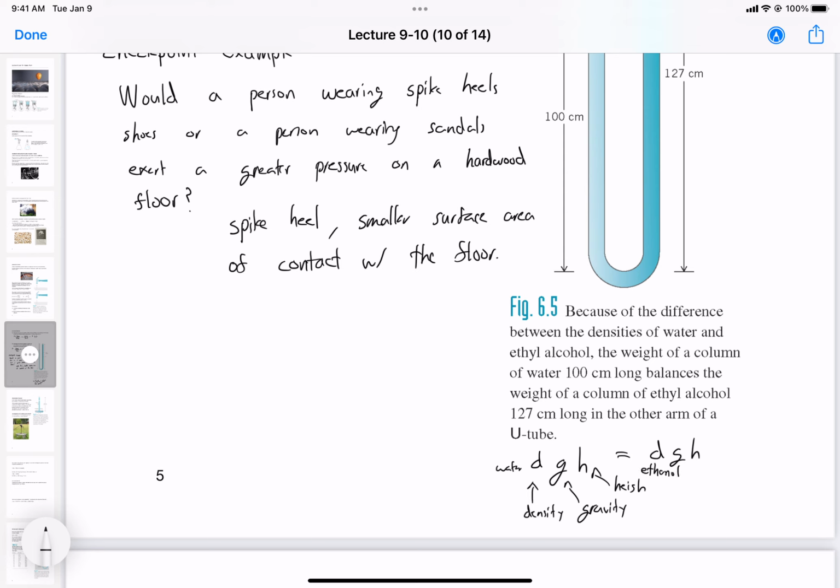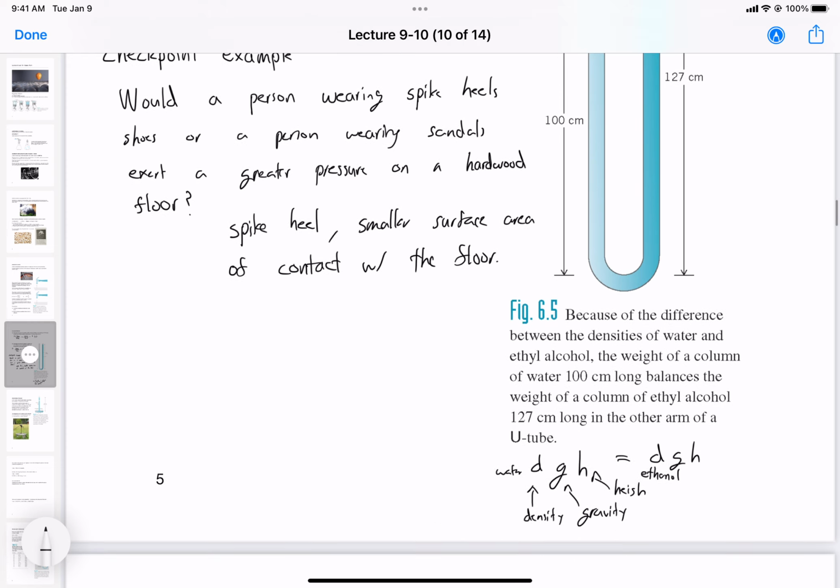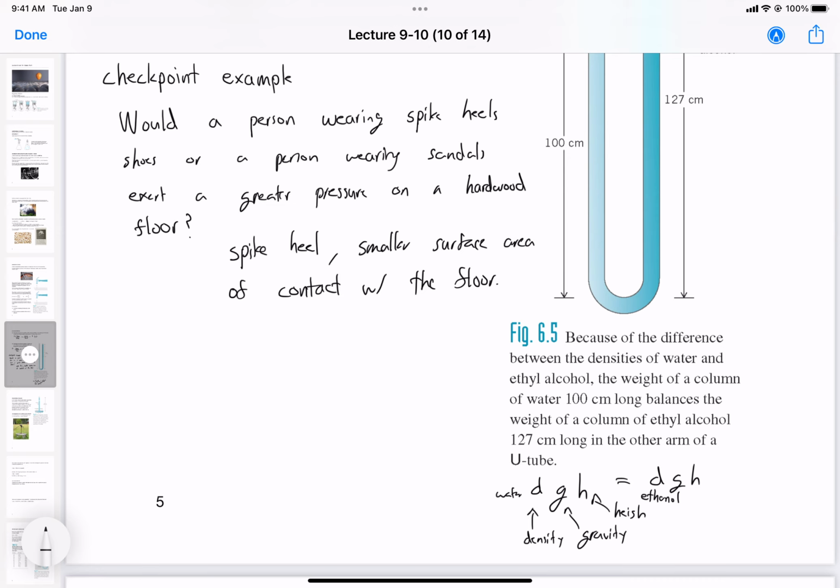The densities will be different, and eventually these two liquid levels will remain constant. They no longer change, and that's because they're exerting the same pressure. So we can also compute pressure using this equation. In this case, gravity is, in physics, the universal gravitational constant, 9.8 meters per second squared. And then what's different here is the densities, and they will have a different height when they're put in the same U-tube. So we can also calculate densities using this equation.